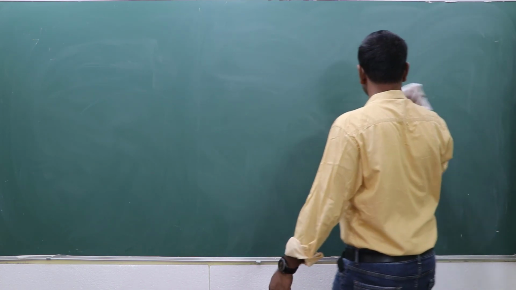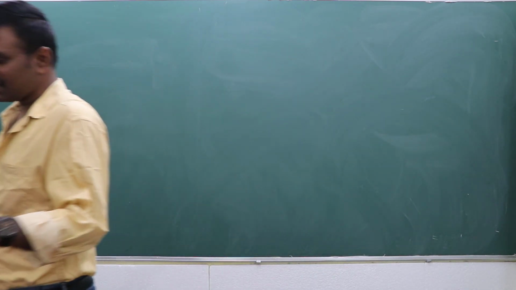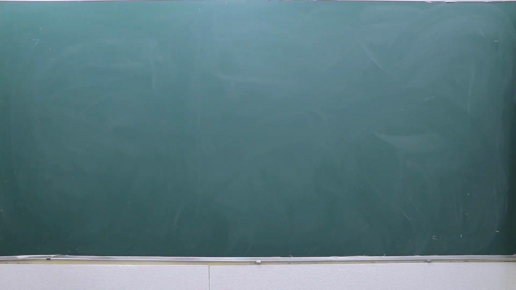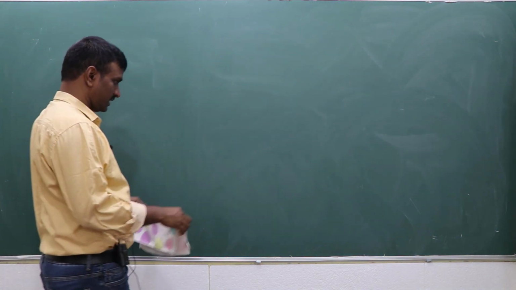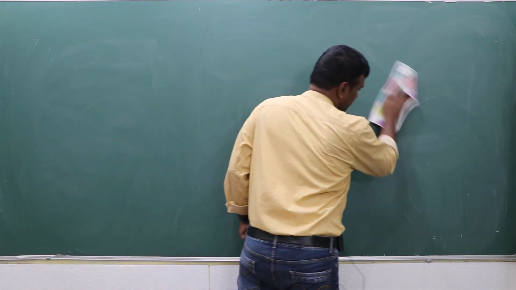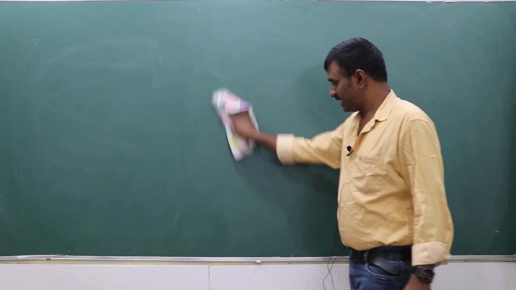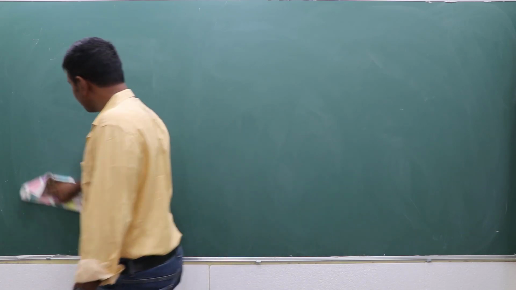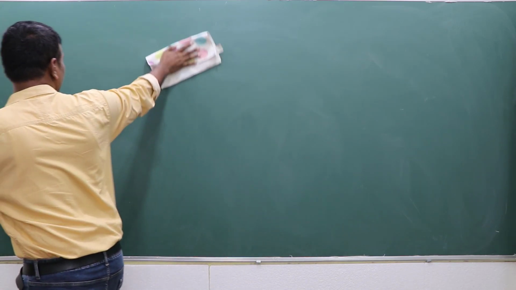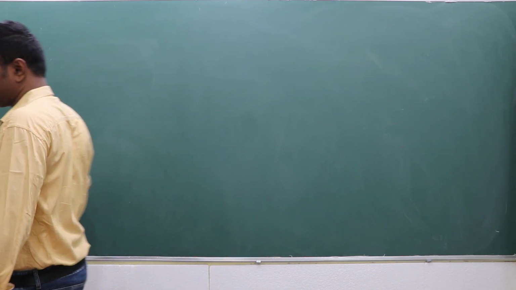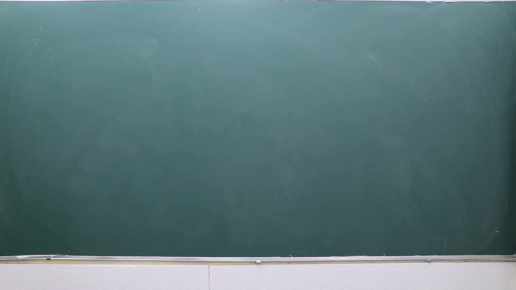Because in UV visible spectroscopy, instead of sharp peaks, we have to consider bands, right? I already explained in the last class. We consider bands, not peaks. Sharp peaks are not possible, only bands, because vibrational, rotational and electronic levels merge in UV visible spectroscopy, as I mentioned in the last class.